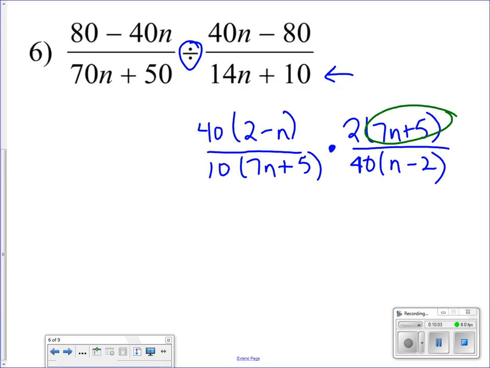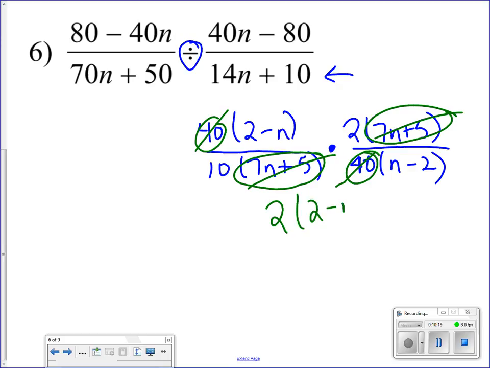I notice 7n plus 5 is a factor in both the numerator and the denominator. Factors out. I notice 40 in the numerator and the denominator. Factors out. So now we have 2 times (2 minus n) all over 10 times (n minus 2).